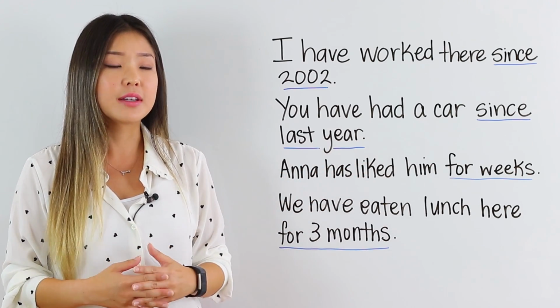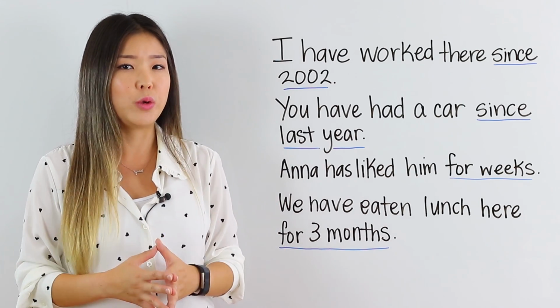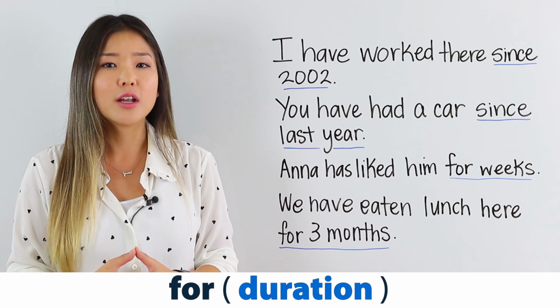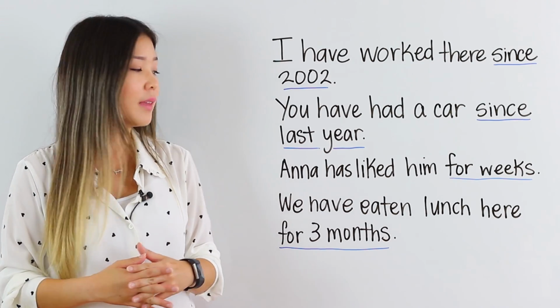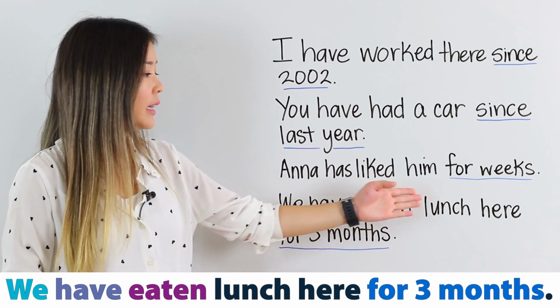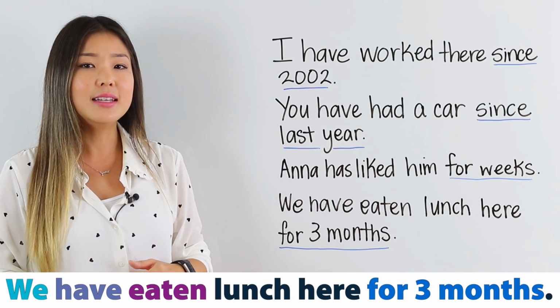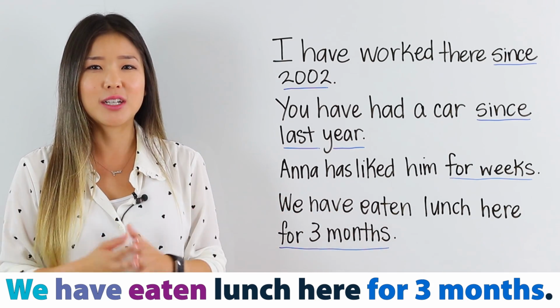However, at the end of this sentence, we see for weeks, not since weeks. When we use for, we talk about the duration. We explain how long this action has been true. And finally, we have eaten lunch here for 3 months. Again, the sentence ends with for 3 months, so we show the duration.